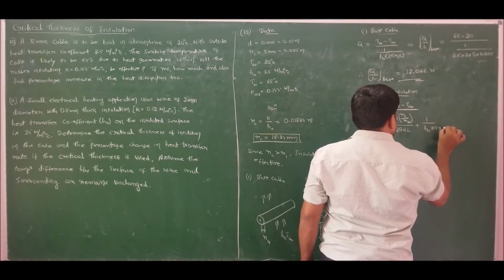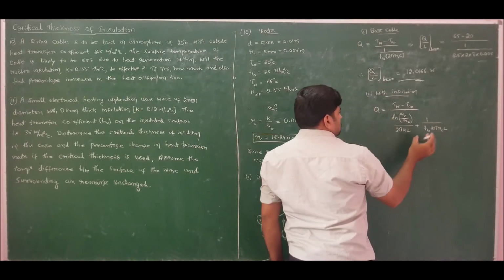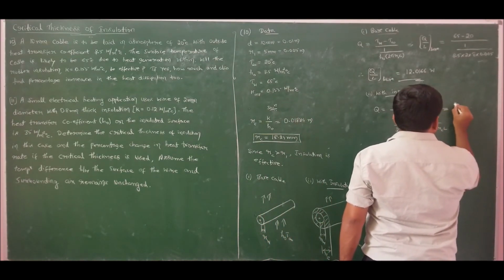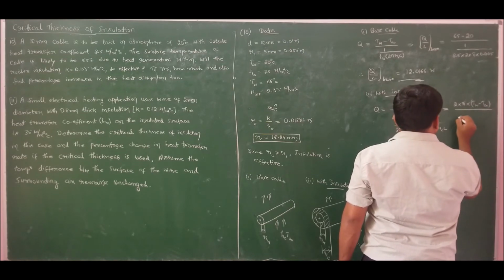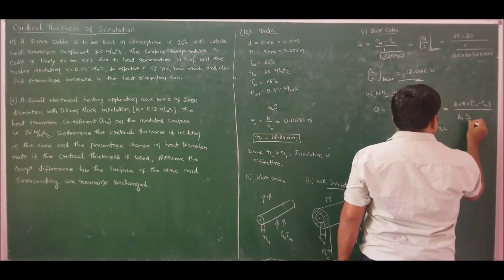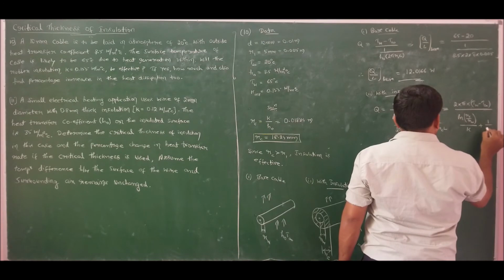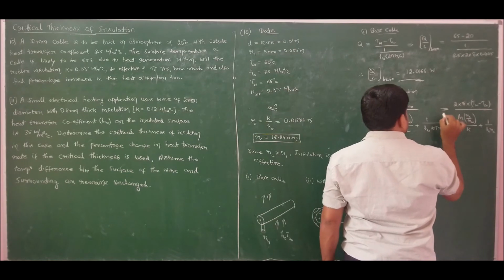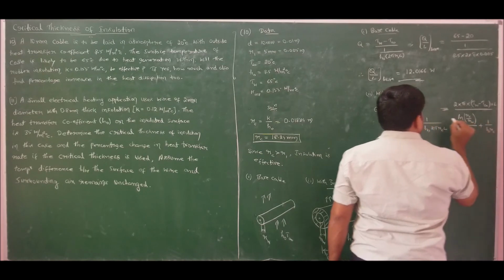Here also I should use the critical radius into L. Now if you observe, the length is not given, and also I can take 2 pi common and send it to the numerator. The formula will reduce to 2 into pi into Tw minus T infinity divided by ln of Rc by R of wire divided by K plus 1 by h0 Rc. I am taking length to the numerator and sending it to the RHS because length is not specified.